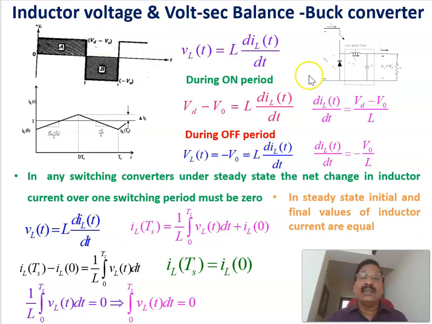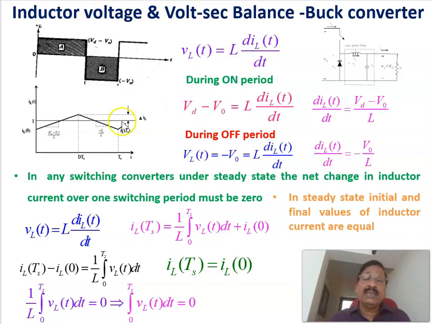When the switch is off, the diode is conducting, so this voltage is 0, and therefore the voltage across the inductor is minus V0. Therefore, this is the inductor voltage.